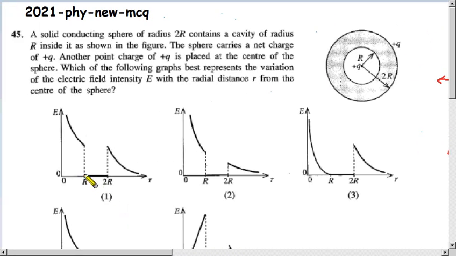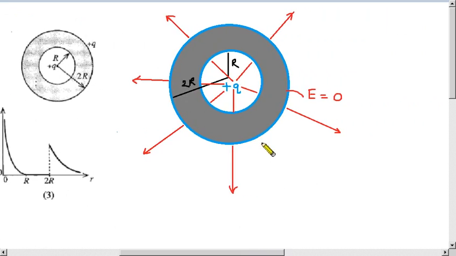They have shown it in the graph, so it is correct, from r to 2r, because this metal medium begins when the distance is r and finishes when the distance is 2r.